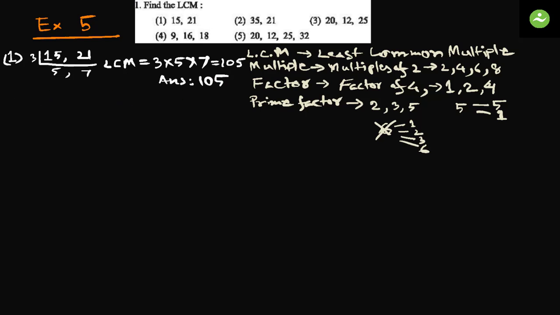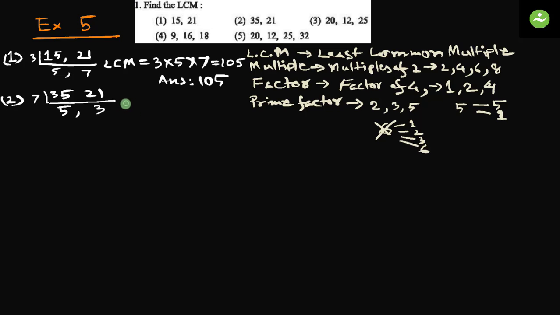105. Number 2, bracket 2. 35 and 21. If we divide by 3, no, we can't. 5, no, because 5 doesn't divide 21. So 7 is the prime factor that divides both. 5 into 7, 3 into 7.